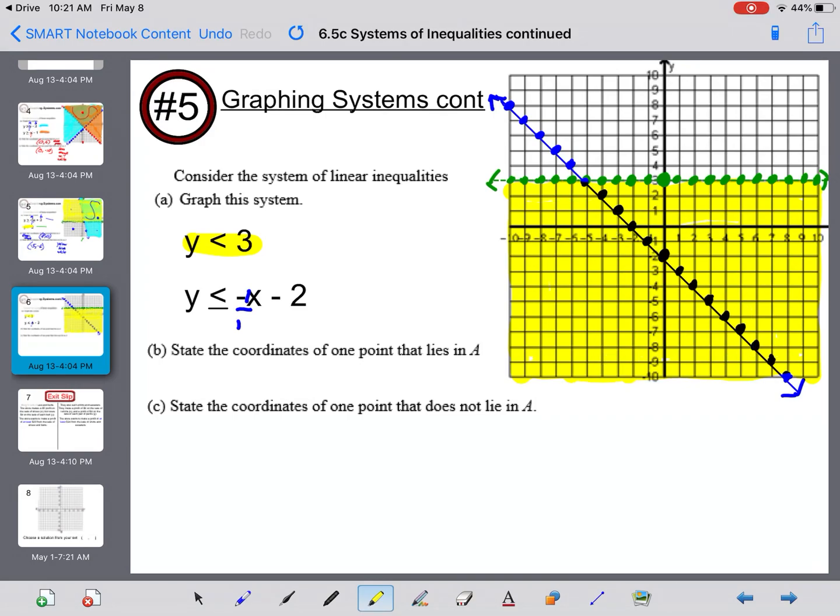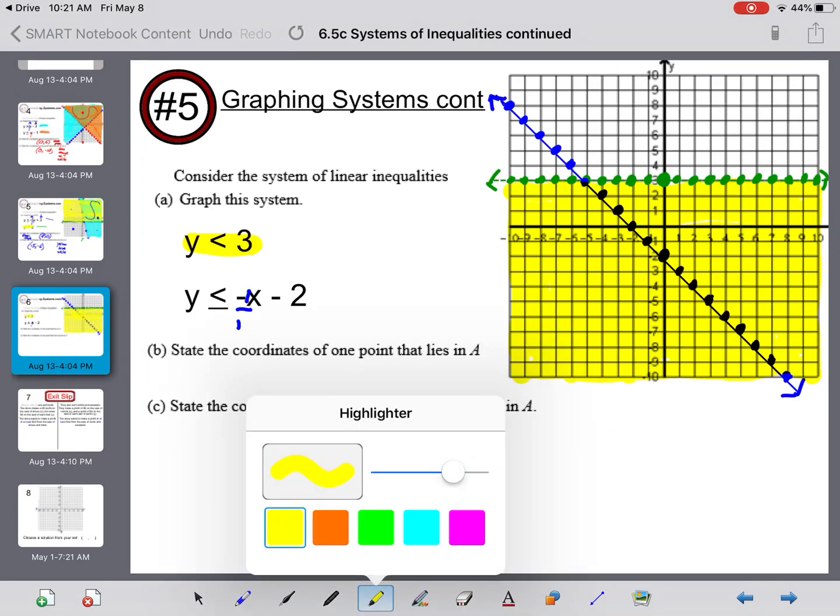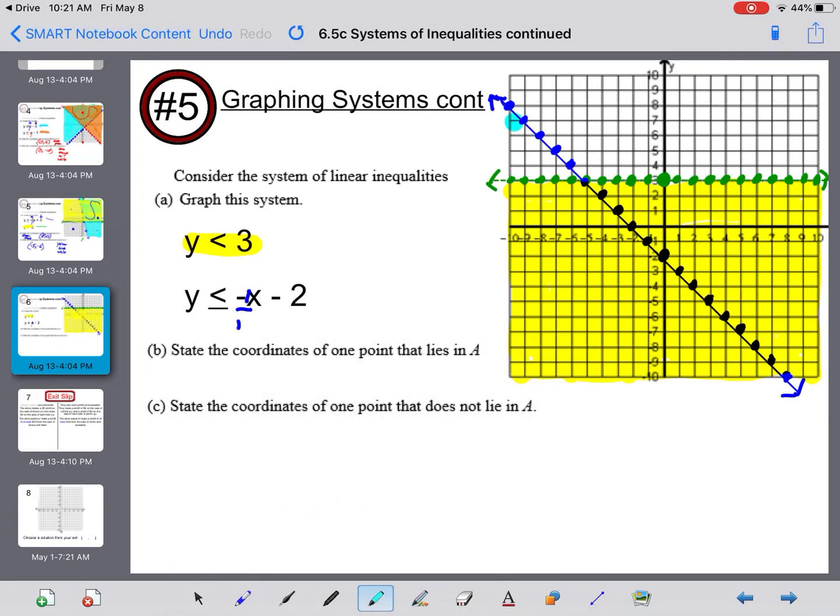So below our green inequality. And less than or equal to my blue inequality would also be below. So below the blue.